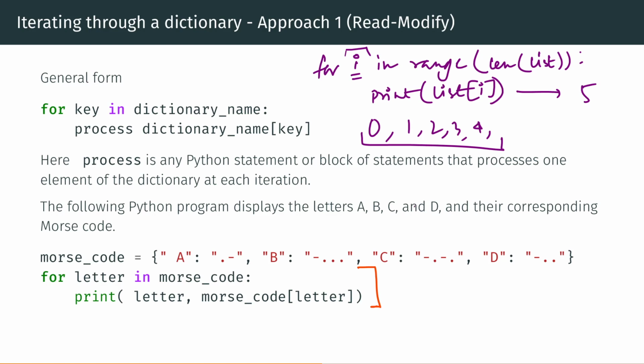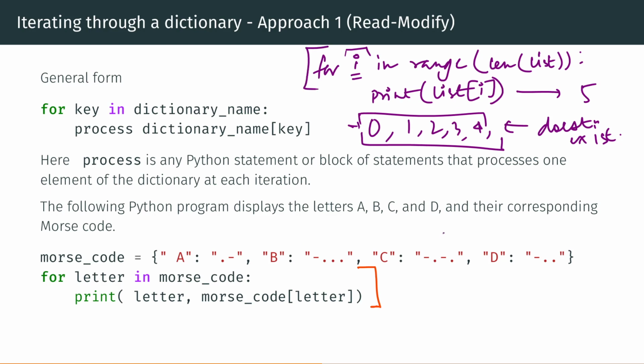But in case of dictionaries, there is no such integer index. This doesn't exist. The indices do not exist unless you specify your dictionary to be something like that. You can have your dictionaries have integer keys as well. If you do that, then you can use a for loop.